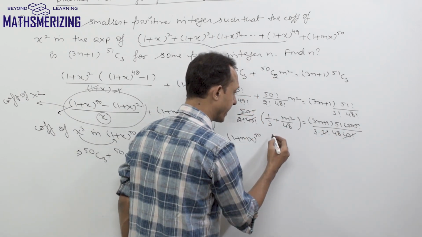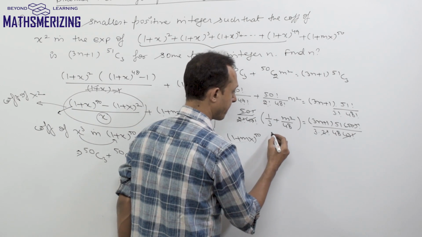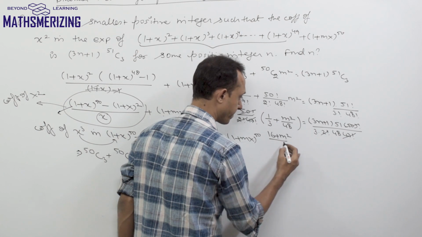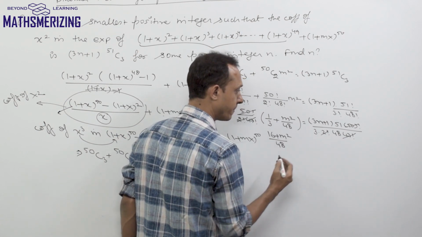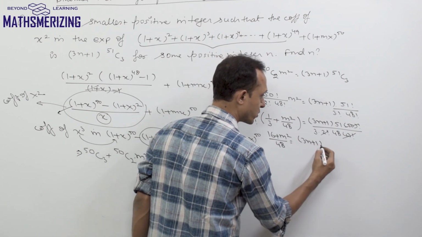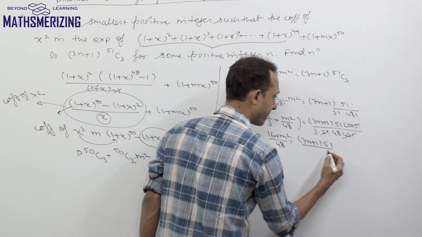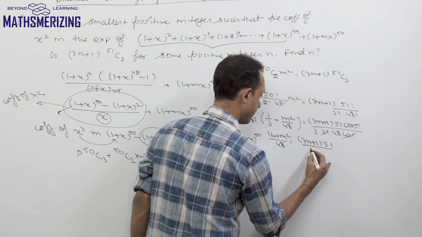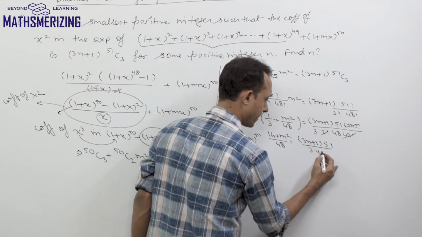So if I take LCM, I can write (16 plus m^2) upon 48 is equal to (3n plus 1) into 51 by 3 into 48.